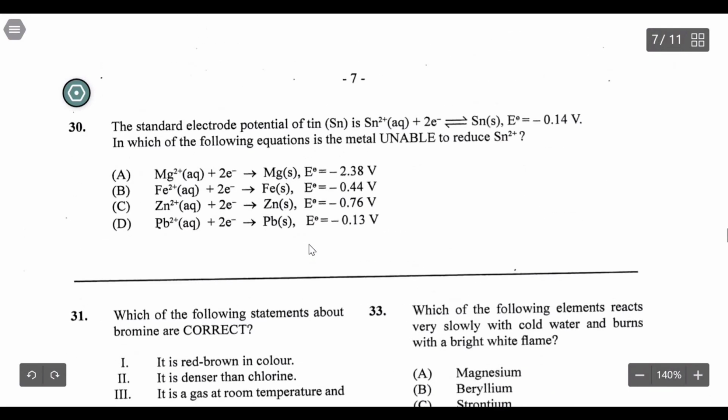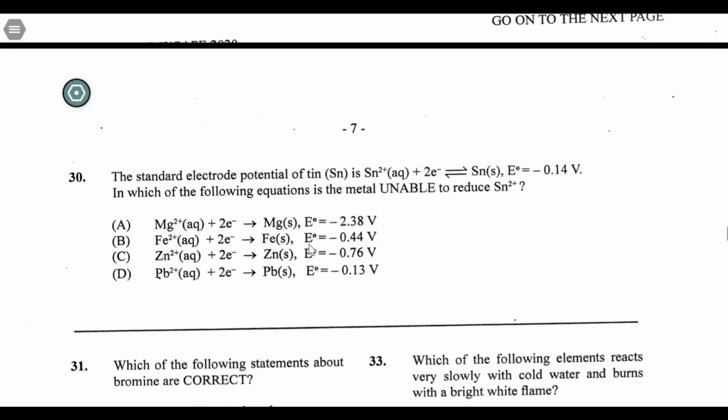Now let's move to 30. Number 30, the standard electrode potential for tin is minus 0.14 volts. Now, in which of the following equations is the metal unable to reduce tin?